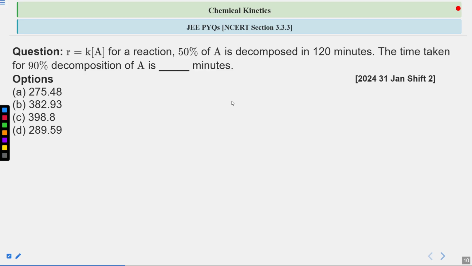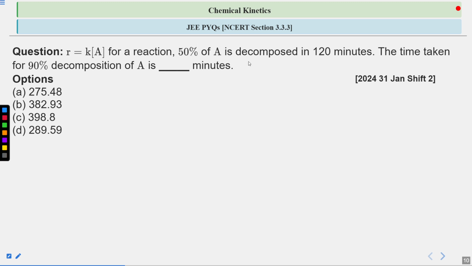So this is a JEE PYQ covering NCERT section 3.3. The question is, R equals K times A. R represents the rate, K represents the rate constant, A represents the concentration of A. For a reaction, 50% of A is decomposed in 120 minutes.